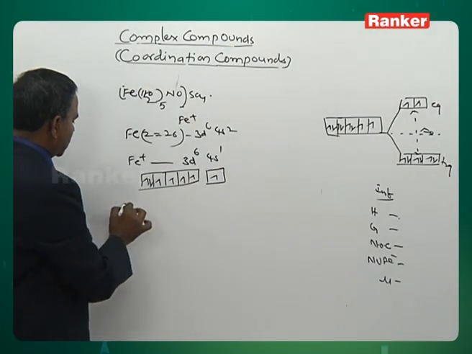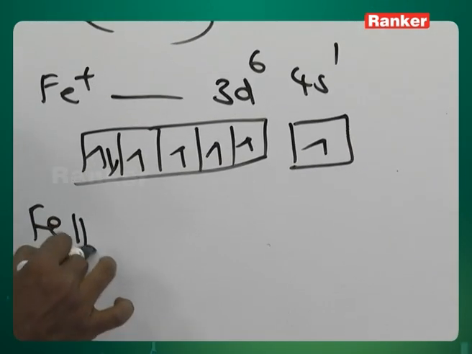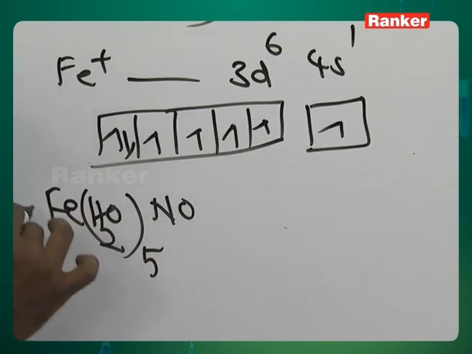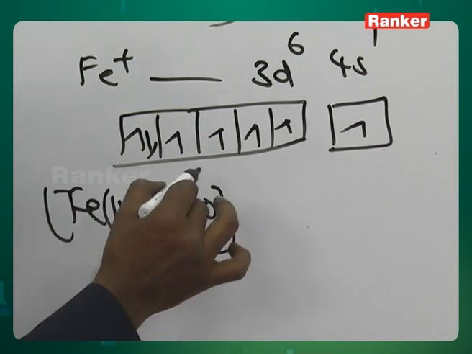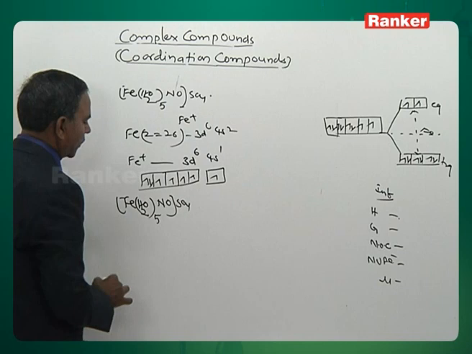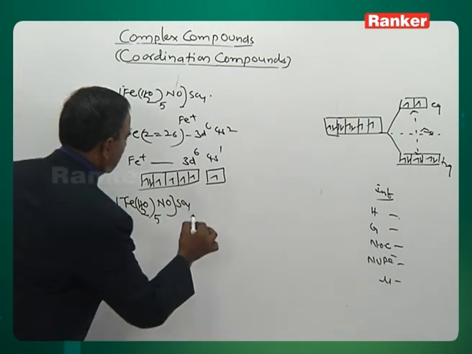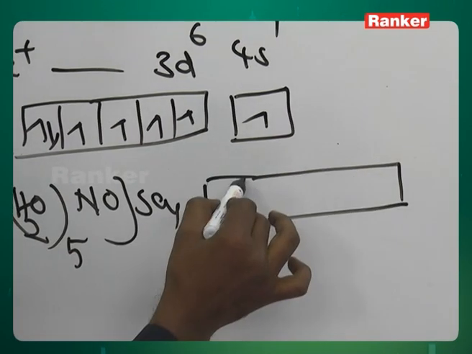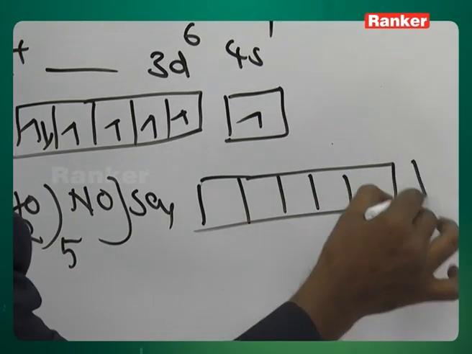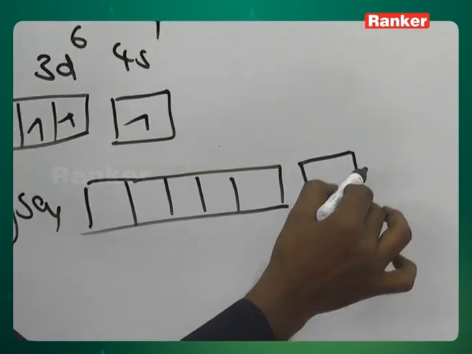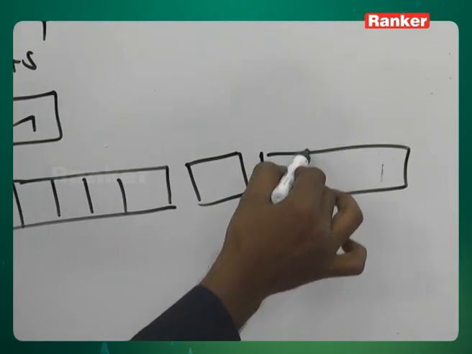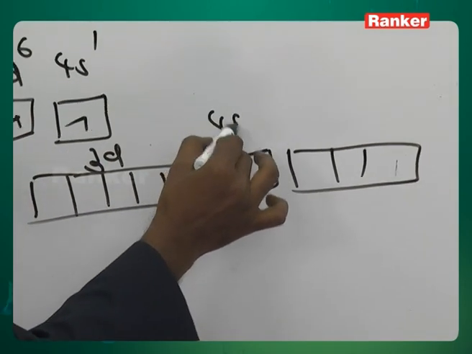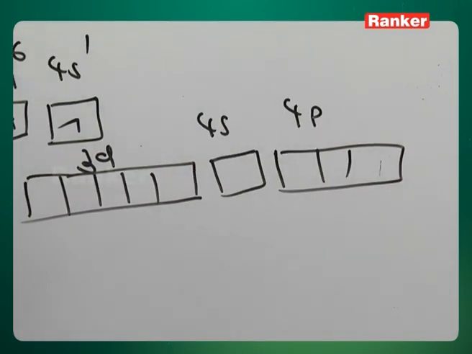Now let me write the complex [Fe(H2O)5NO] sulfate. Now in this, the particular arrangement of electrons you see, 3d, 4s, 4p.